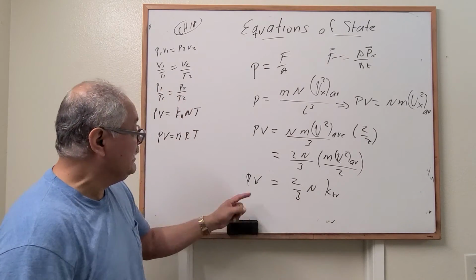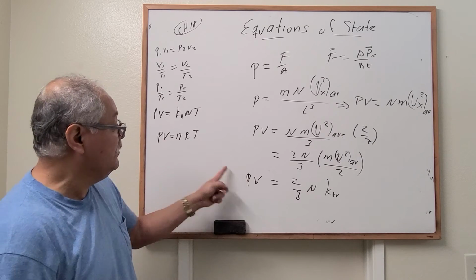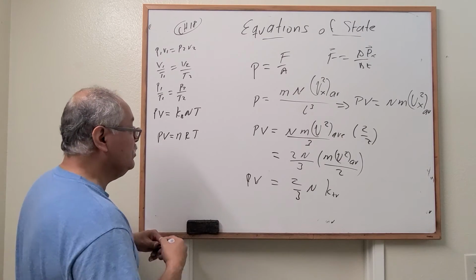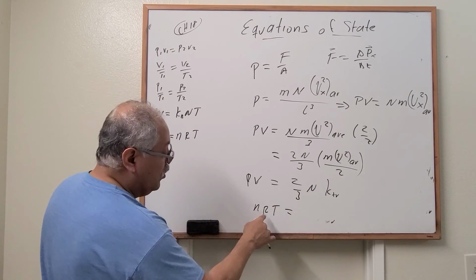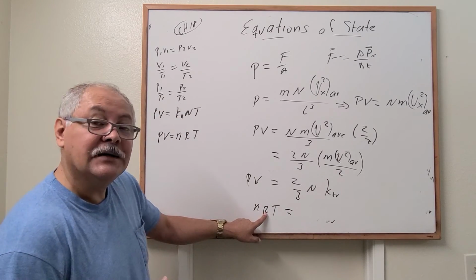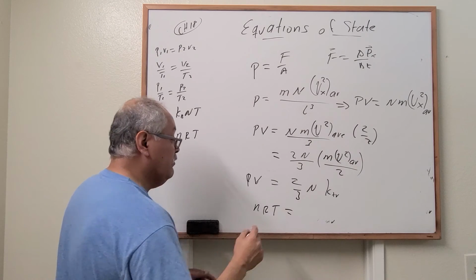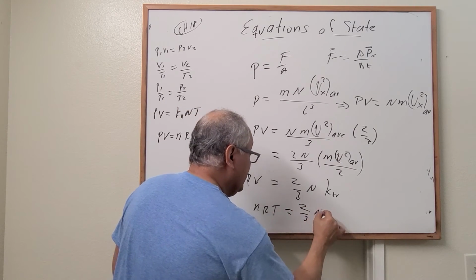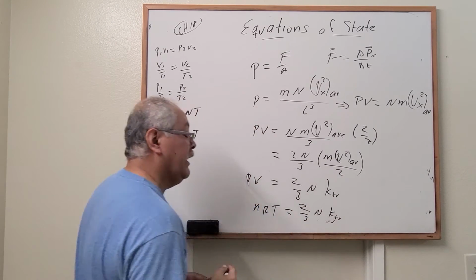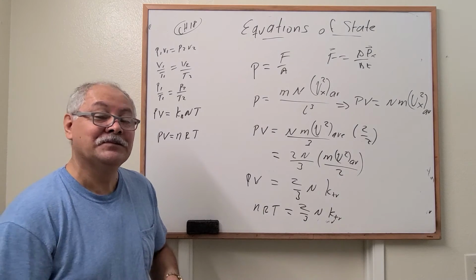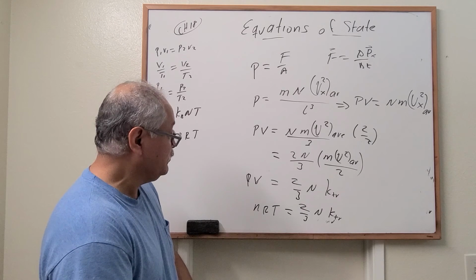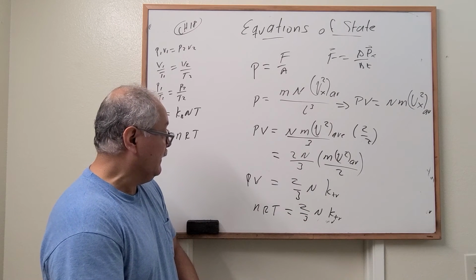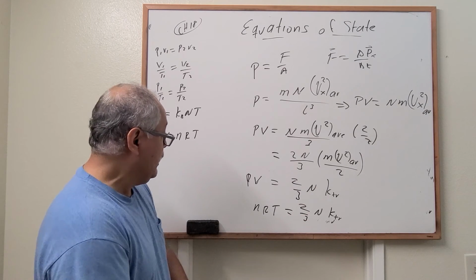Now let's compare these two formulas. We have that nRT, the number of moles times the gas constant times the absolute temperature, is equal to 2/3 N times the translational kinetic energy. Perfect.